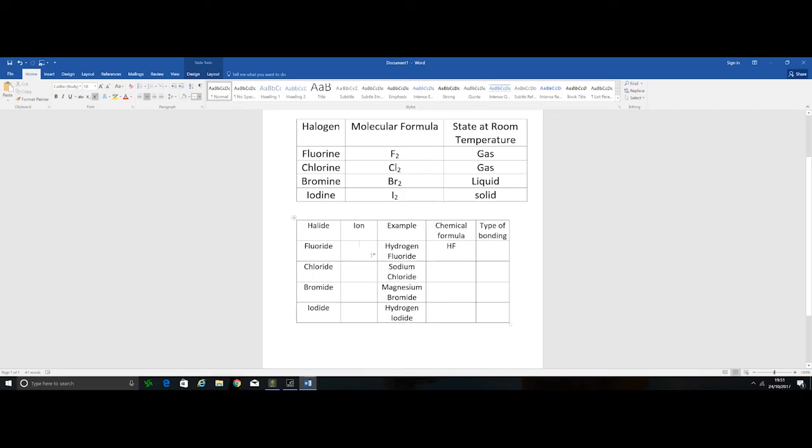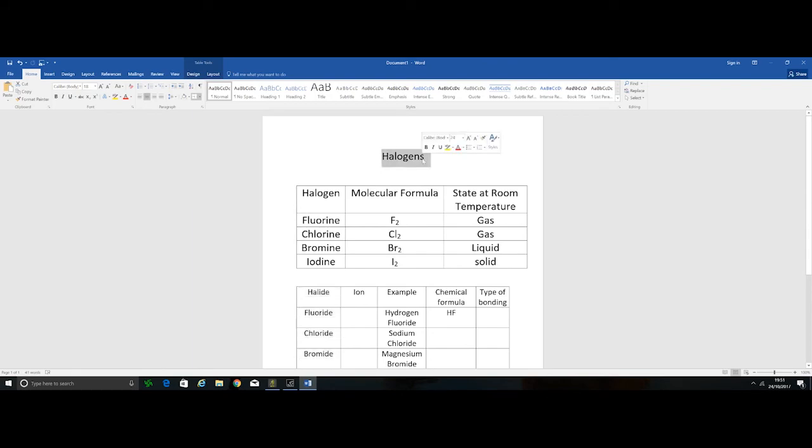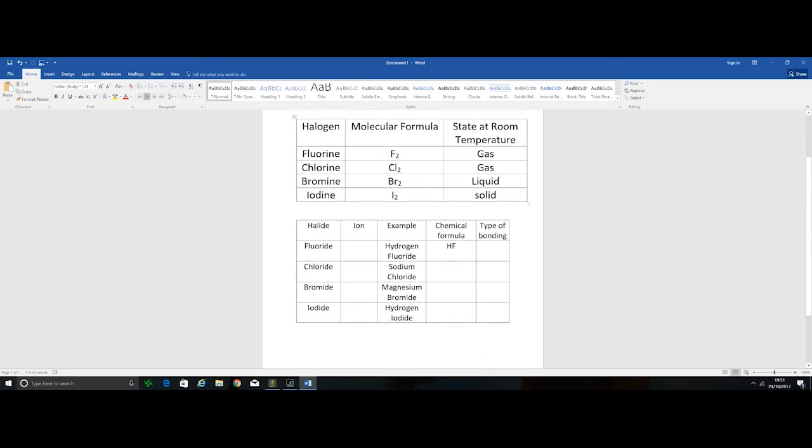However, once they react with something, and I've given some examples here, they change their name to -ide, and we call them halides. So on their own they are halogens. When they are reacted with something else, they are halides, right? As you can see, they all end in -ide. So fluorine has gone to fluoride.